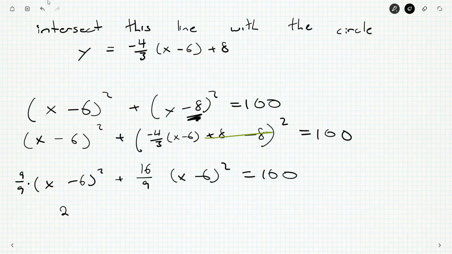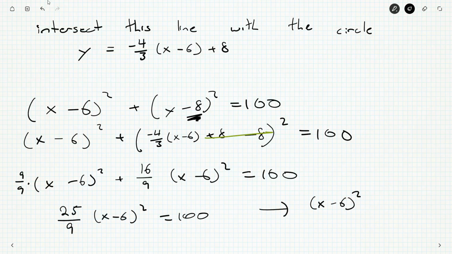And now we've got the same fraction, so 9 plus 16 is 25. 25 over 9, (x minus 6) squared is 100. Now I could divide by 25 over 9: (x minus 6) squared is 9 times 100, 900 over 25. That's going to be 36. So once again, we get x minus 6 is plus or minus 6. x is going to be 12 or 0.